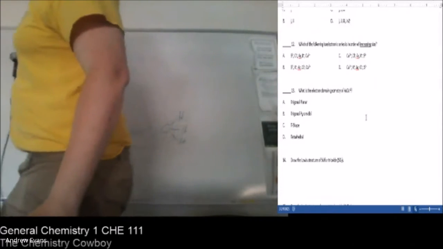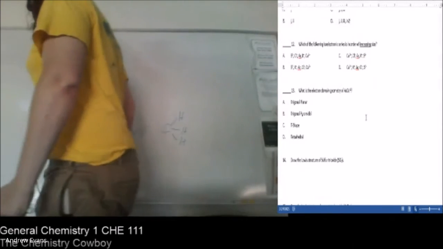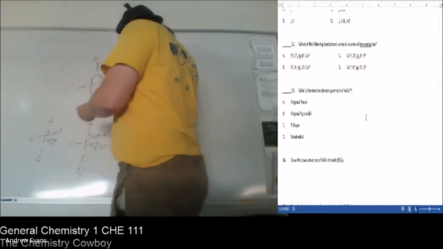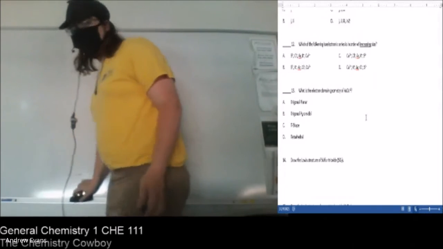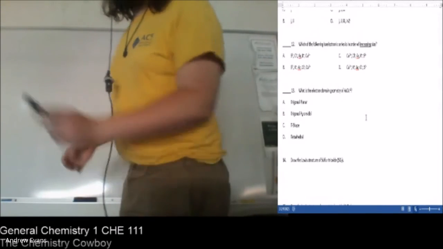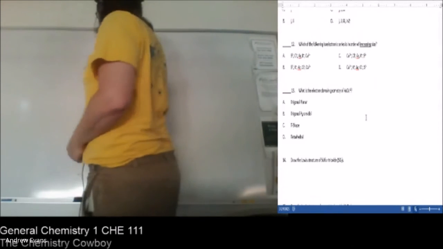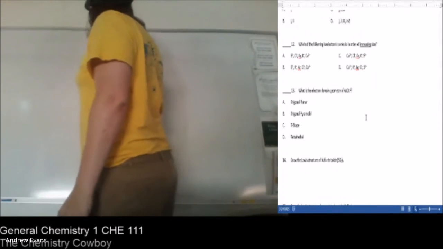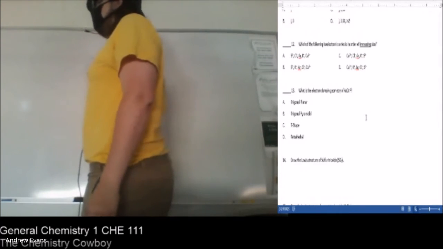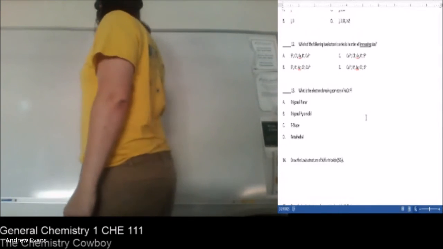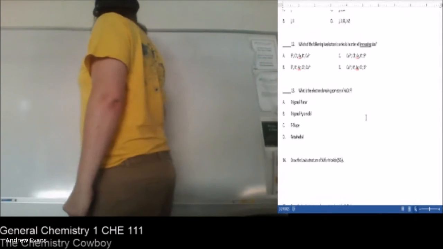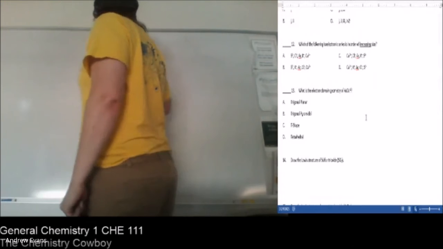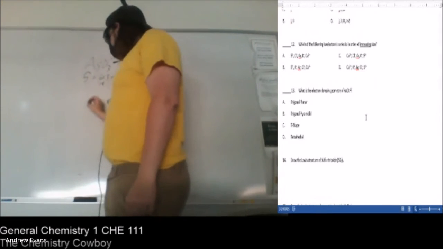AsO3, is that 1 minus? AsO3 1 minus. So, to do this, the beauty of this is it doesn't matter whether you do high formal charge or low formal charge. Arsenic is under nitrogen, under phosphorus. It is 5. Oxygen, 3 times 6 is 18, plus 5 plus 1 is 24.